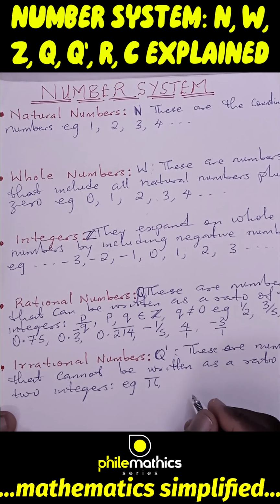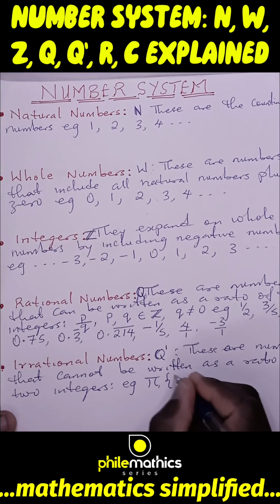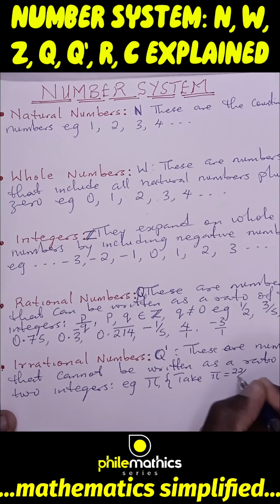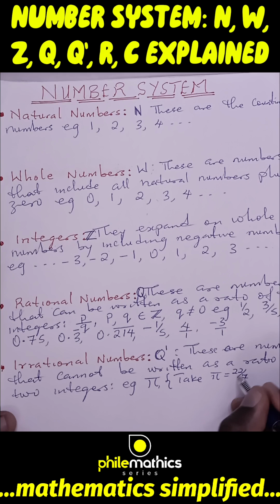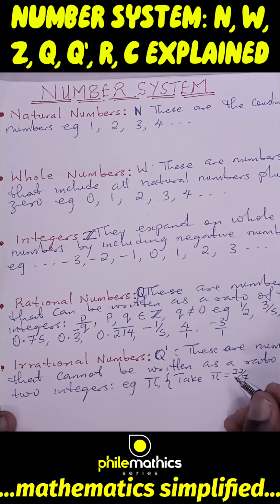You'll be wondering, but in high school you are asked to take pi as 22 over 7. Yes, pi is not 22 over 7. The reason you are asked to take pi as 22 over 7 is so that it can be used to simplify problems like circumference of a circle and the likes.